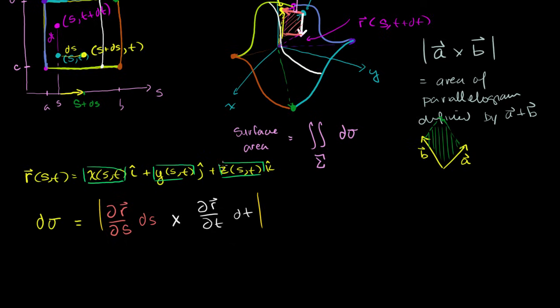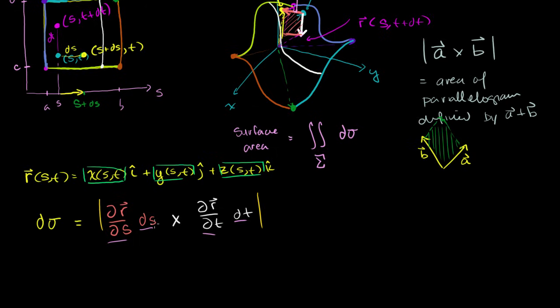Now, let's be clear. This and this, these are vectors, right? When you take the partial derivative of a vector valued function, you're still getting a vector. This ds is a number, and that's a number. And you might remember from linear algebra, or whenever you first saw cross products, that with some scalar multiple, you can take the scalars out.